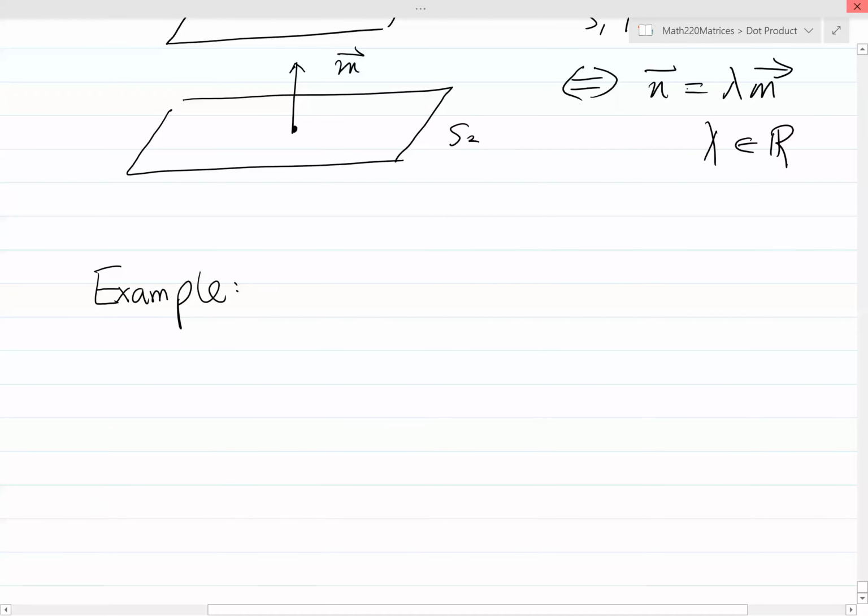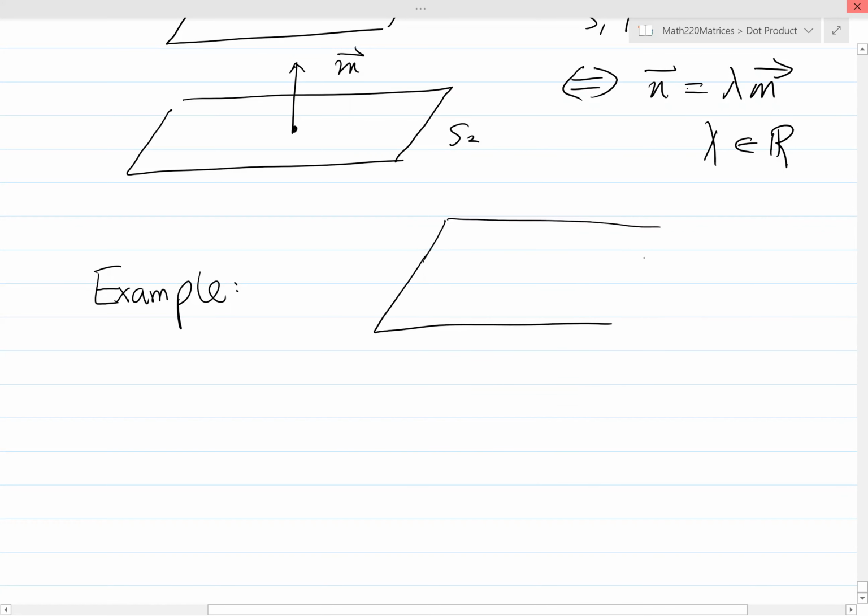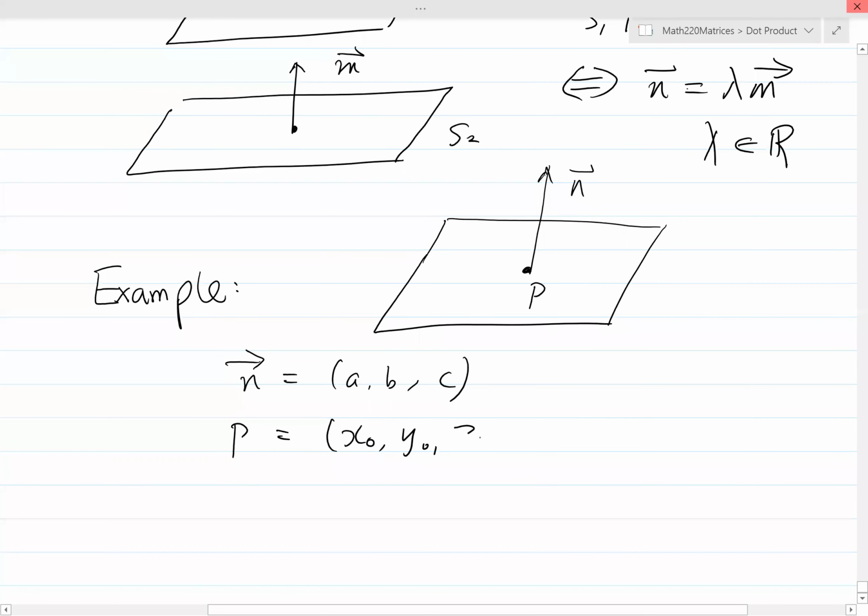Now, last time we talked about the plane equation, how to write it down once we have a point on the plane and a normal vector. Remember? Suppose the normal vector is (a, b, c) and the point P is (x0, y0, z0).